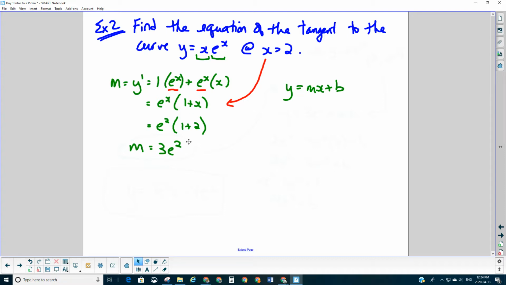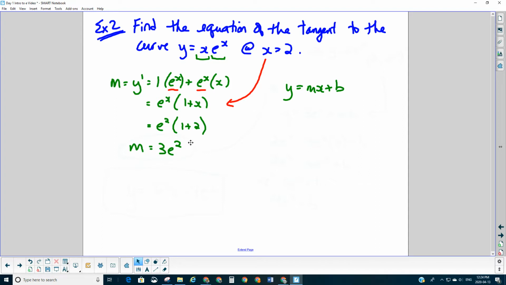Do e to the power of 2, and then multiply it by 3, and you'll get around 22.167. So the slope is actually around 22. But we're not going to write that long non-terminating decimal. We're going to leave it as 3e squared. That'll be more accurate than 22.167. And we'll use that as the slope.